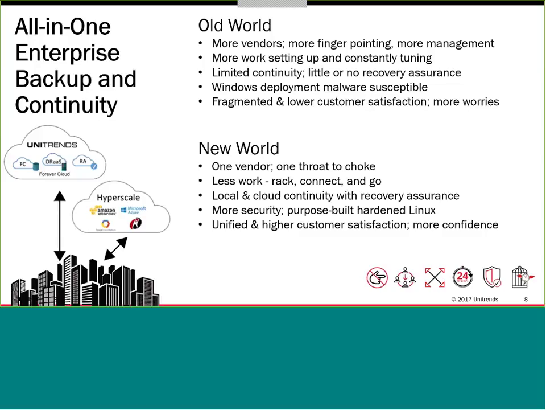It's unified, and we provide the highest customer satisfaction in the industry for what we do, and that'll give you more confidence that once you use Unitrends solutions to develop your contingencies for your backup, you'll have that peace of mind that everything is being backed up, and if anything ever happens, you can recover your file. You can recover your hard drive. If the building is gone, you can rehydrate your business in the cloud and keep moving your business right along.